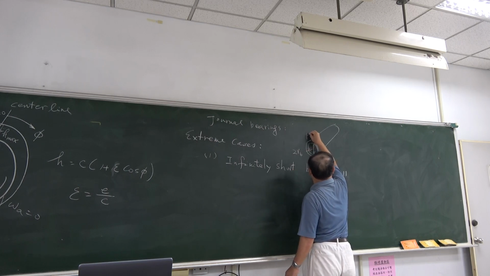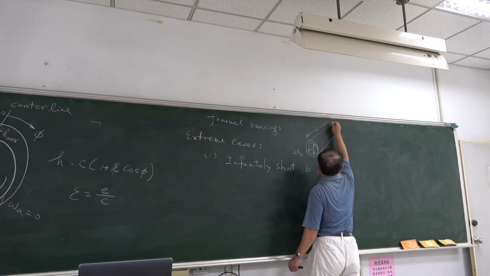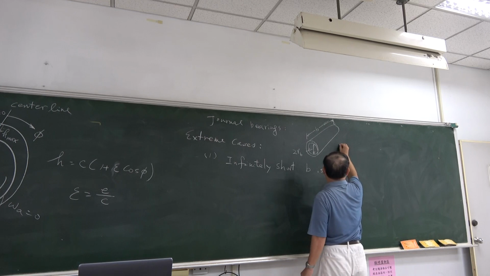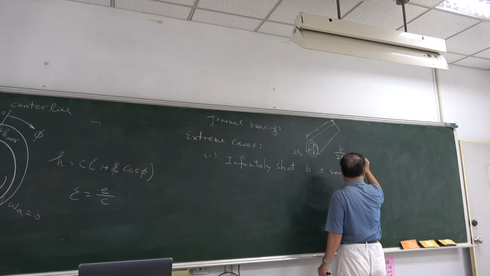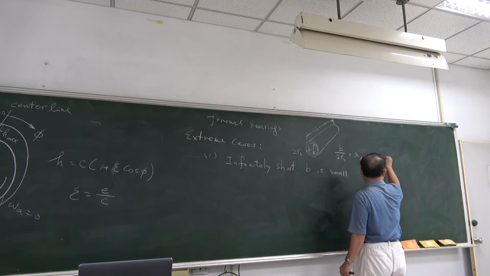This is B. B is the length of the journal bearing. Okay. So B over 2R we define as the lambda K, right? This we call the aspect ratio.